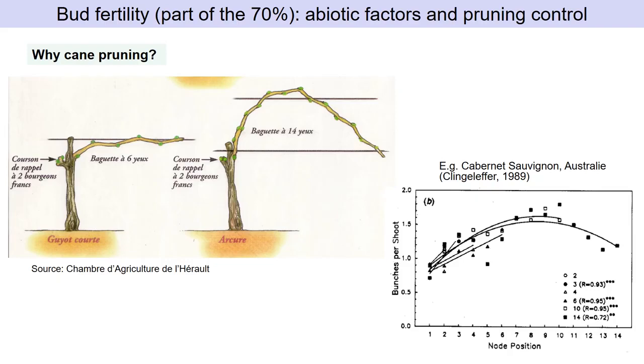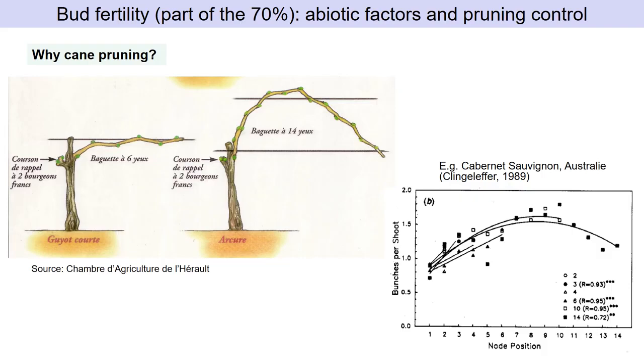So you need to increase the number of buds per vine or per square meter to increase the yield by increasing the number of latent buds, so by increasing the number of clusters for a vine, and then after, of course, per hectare.